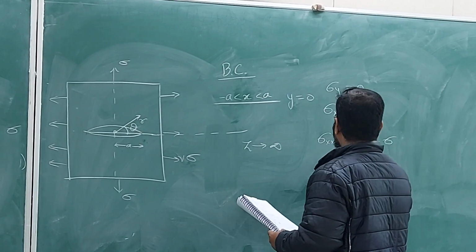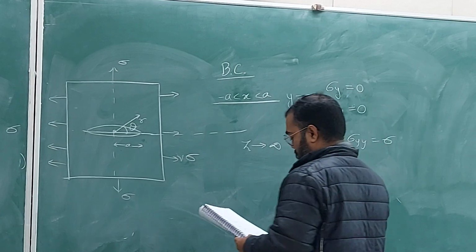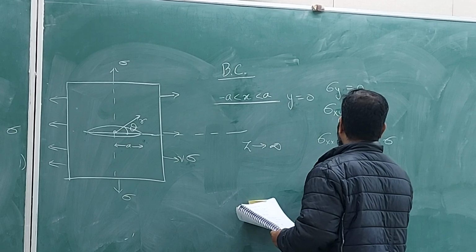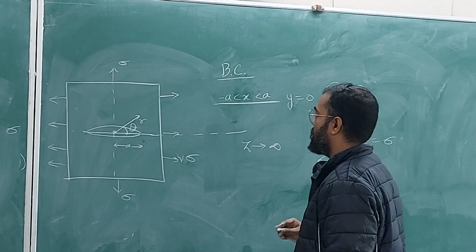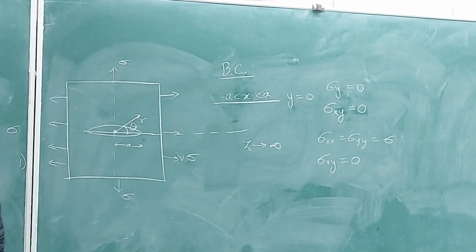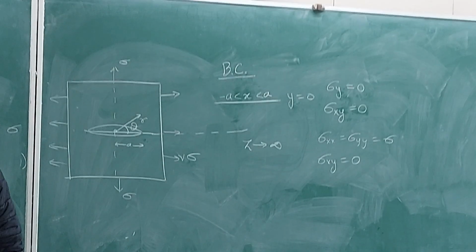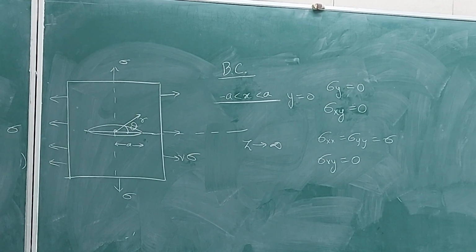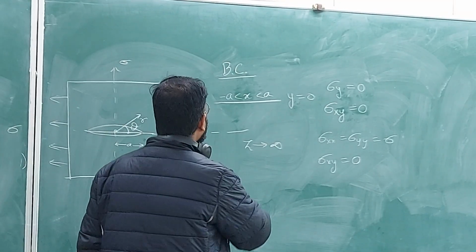And along the line you will have shear stress equal to 0. So when you don't have a crack, there will be no shearing. This is the second boundary condition.